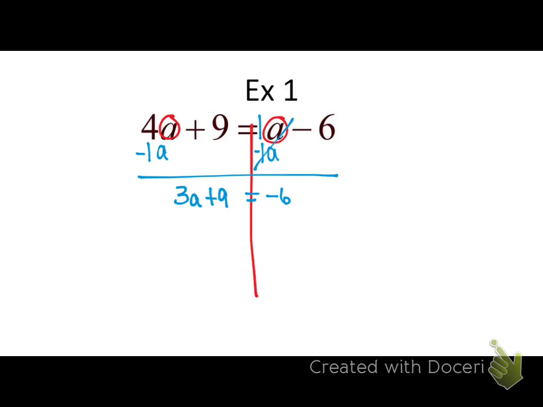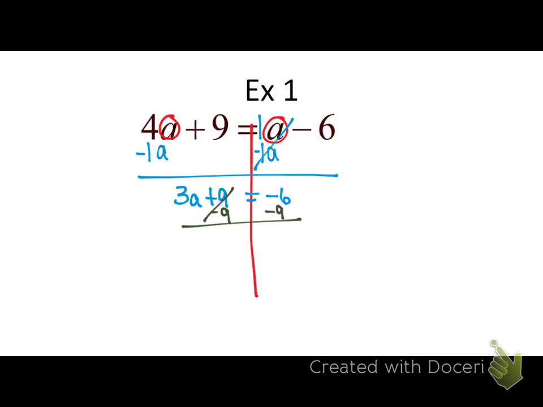Now, once I get my variables to the same side, I have equations that I'm used to seeing. What kind of equation is this? How many steps? 2-step. Yeah, a 2-step equation. So I solve as usual from here. So if I'm going to solve as usual, what do I get rid of first? Minus 9. That's right, subtract 9.